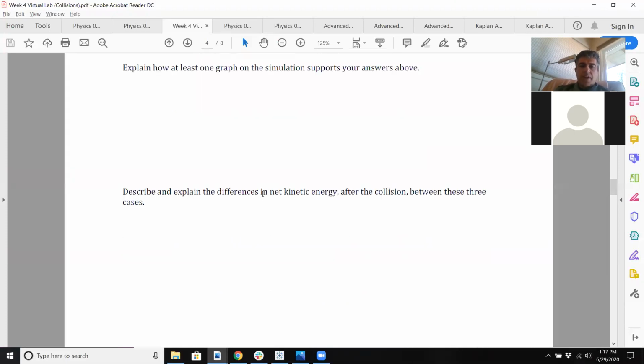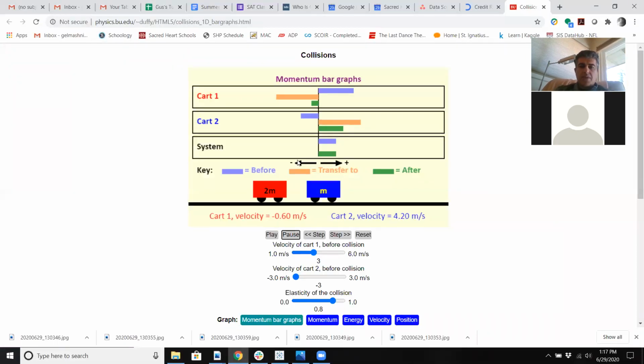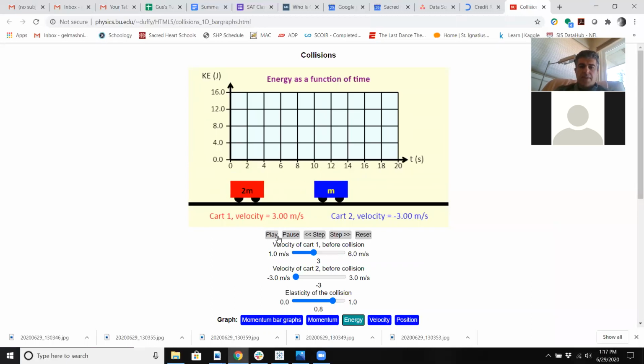What you could do is change the graph. So let's run this again. So you do see the energies change somewhat, but if I kept the elasticity at 1, it looks like you have roughly 8 and 4. That's up to 12. You get the same thing here.